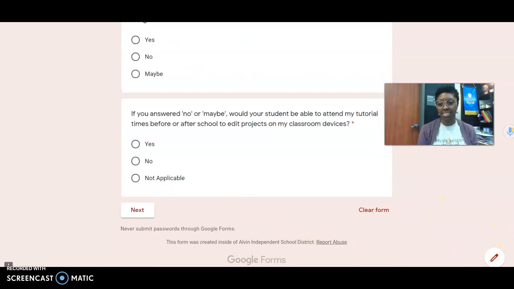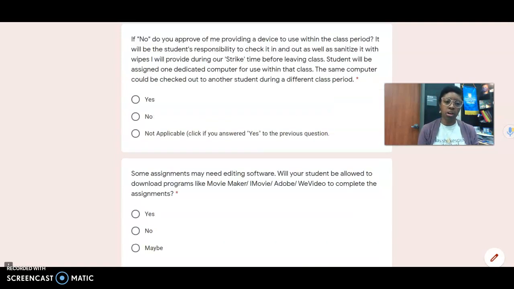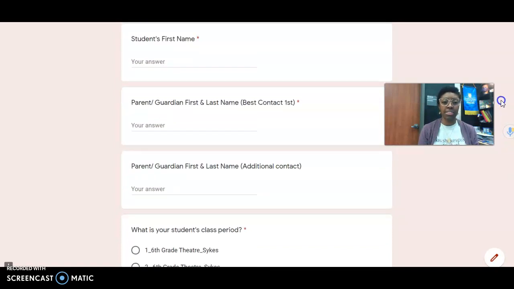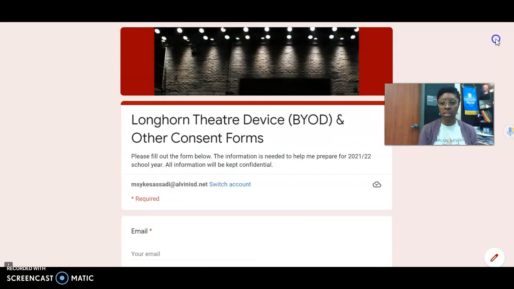That's why I say forms, even though it's one Google form you're filling out, but the Google form has several forms on it. Please make sure to fill this out because it does help me navigate and know how I can do certain things throughout the year. I really, really need everybody to fill this out.